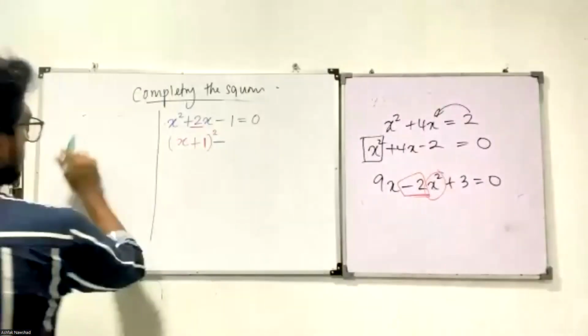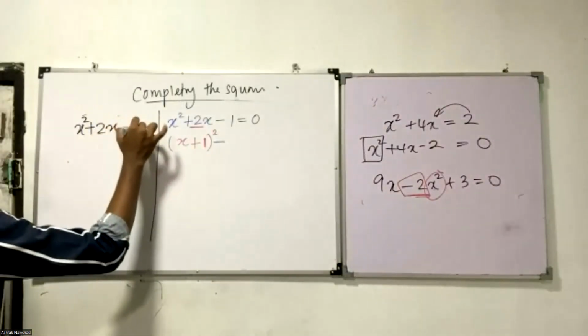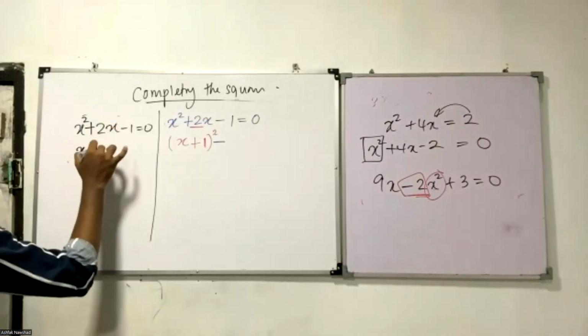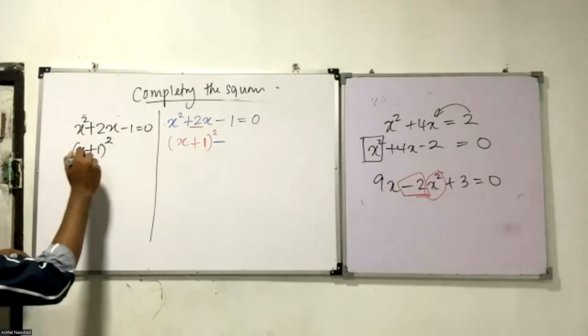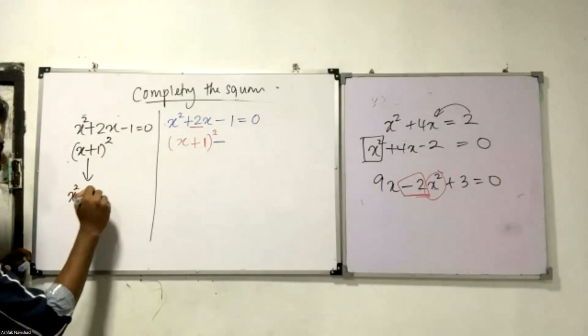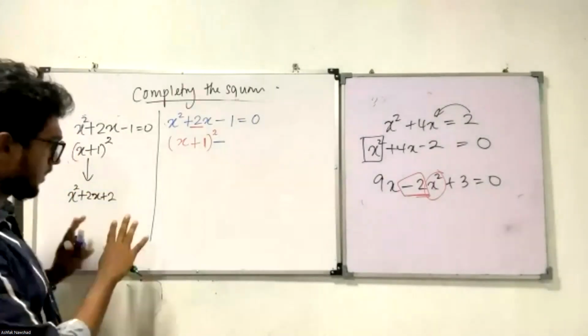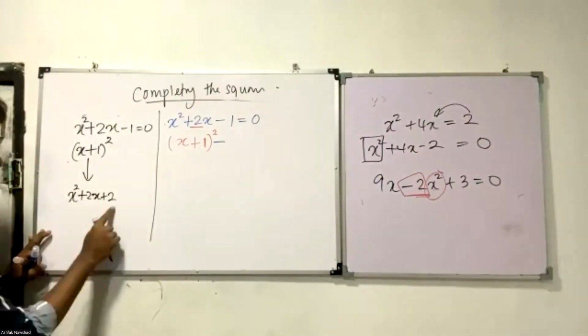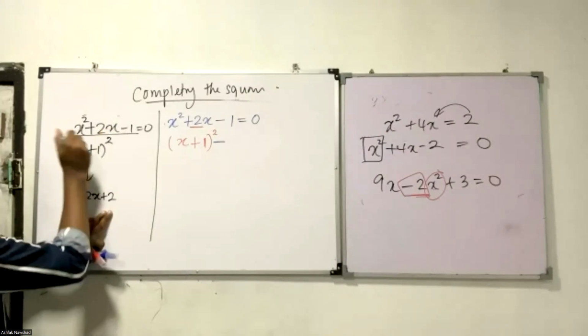See, I'm going to write this, and I did half of this and squared it. So you know the expansion of this, right? The expansion of this is x squared plus 2x plus 1. I'm telling you again, if you don't understand, it's okay. Correct? Now see, we got the answer.